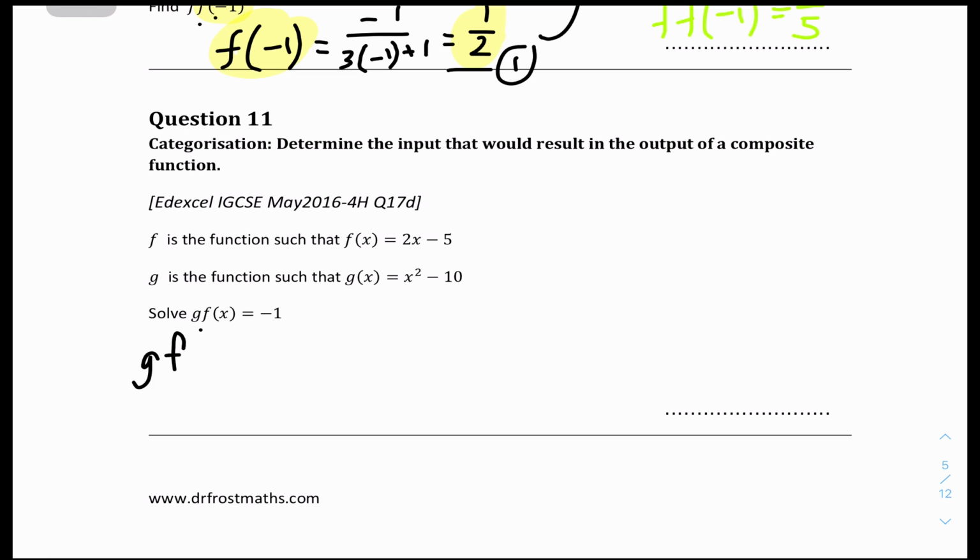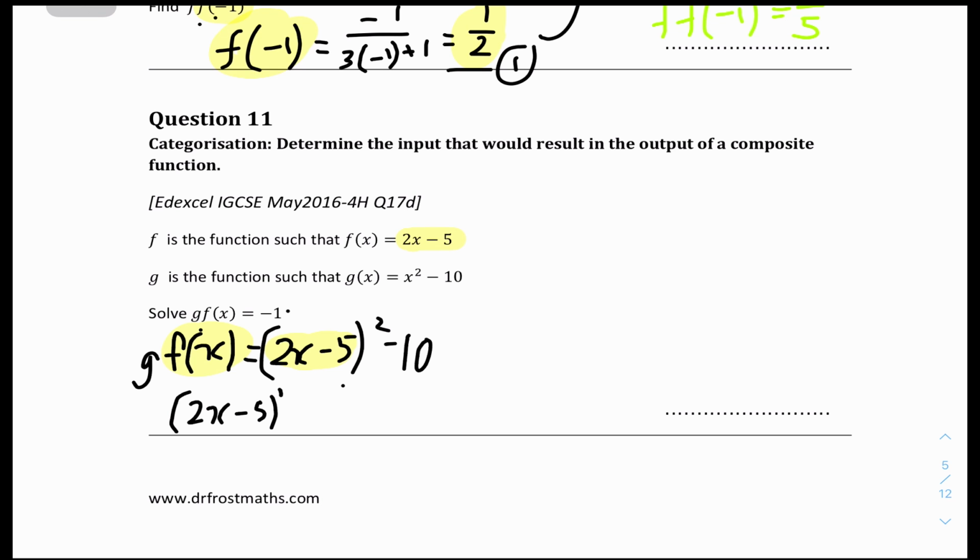It will be g of f of x equals (2x minus 5) squared minus 10. You can see that this 2x minus 5 is f of x, which is on the inside, and the outside is g of x. So we can equate this to minus 1: (2x minus 5) squared minus 10 equals minus 1.